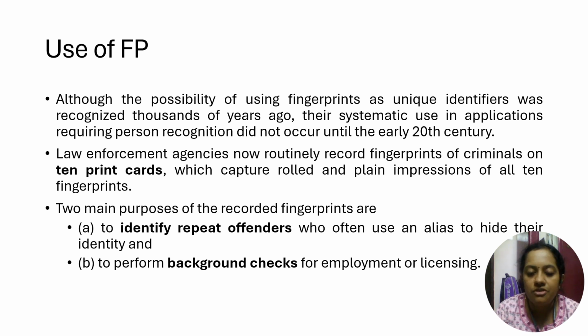Two main purposes of the recorded fingerprints are: one is to identify repeat offenders who often use an alias to hide their identity. Second is to perform background checks for employment or licensing.